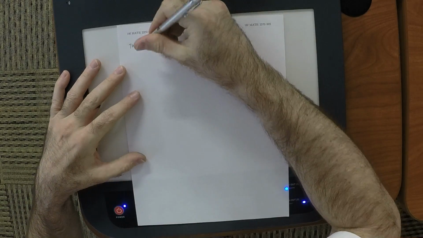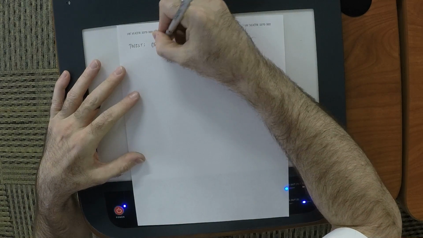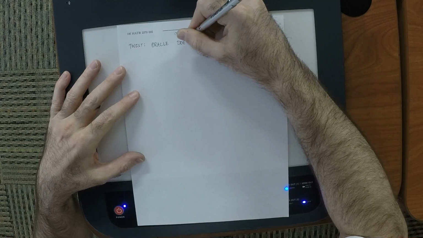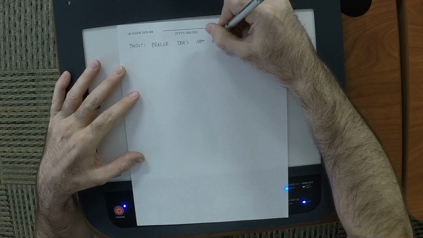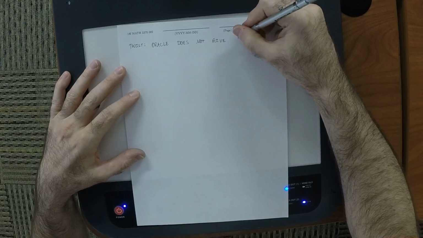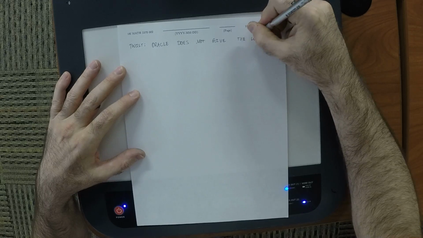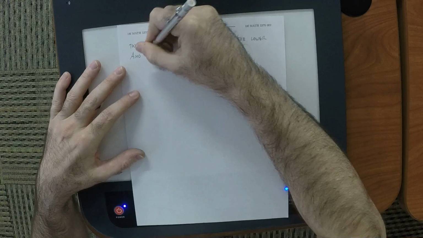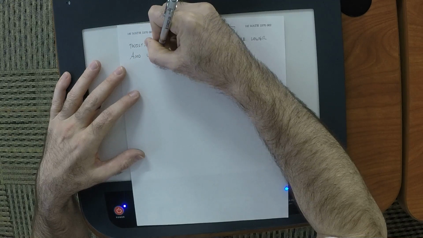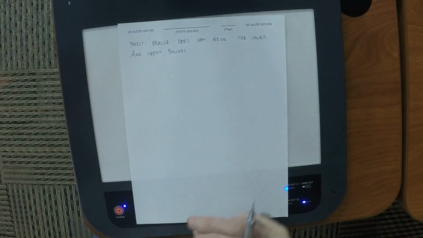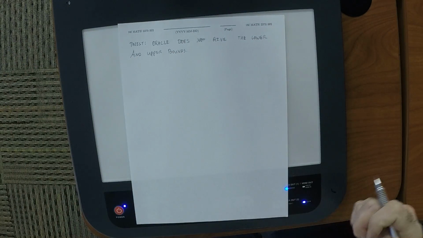So the oracle does not give the lower and upper bounds, which means it's going to be on you to figure it out.